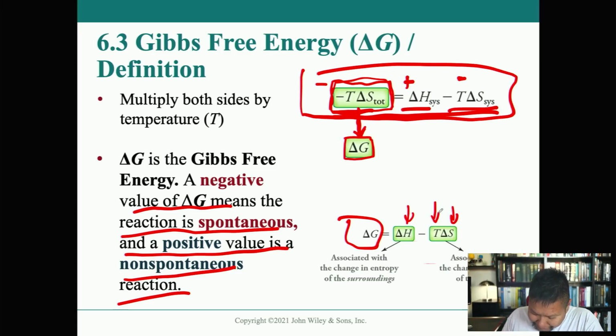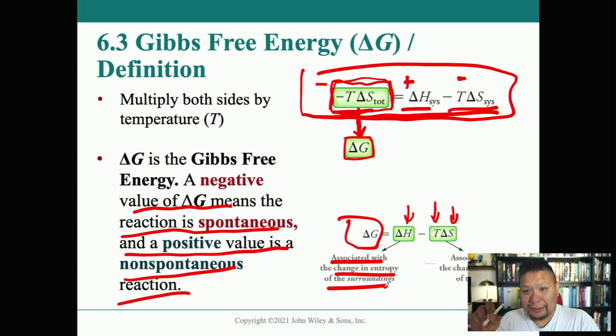So just like it says down here, the delta H is associated with the entropy of the surroundings. Because remember, this used to be delta S surroundings, and we found that delta S surroundings is equal to negative delta H divided by temperature. Remember that? So that's where that comes from.